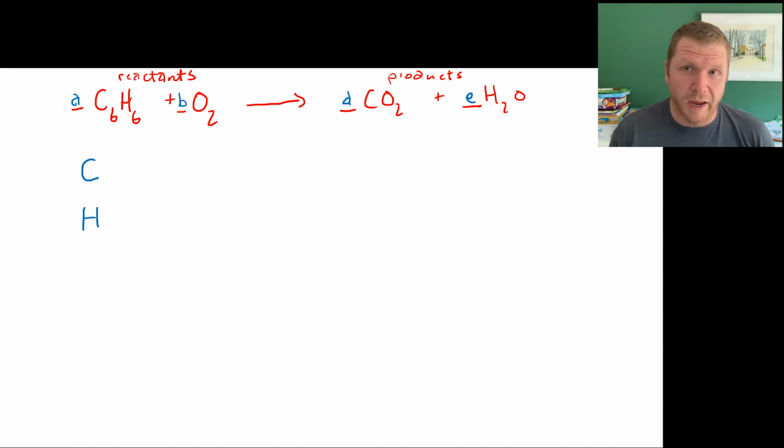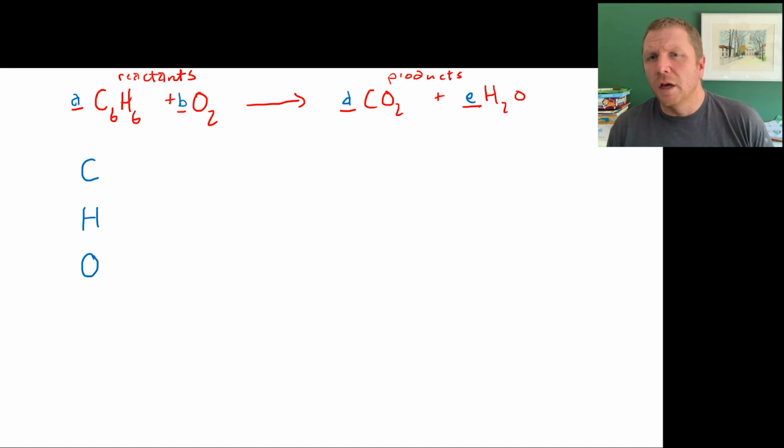Hydrogen is present on the reactant side and the product side. And finally, we've got oxygen, which is present on both the reactants and the product side. If you can write that, and you can do some simple algebra, you'll be able to figure out what these different lettered coefficients are. So in order to solve for the number of carbons and hydrogens and oxygens on each side, I'm going to write these simple equations.